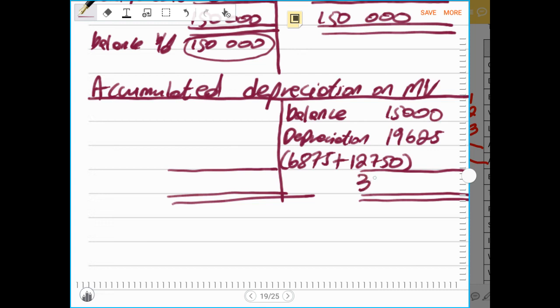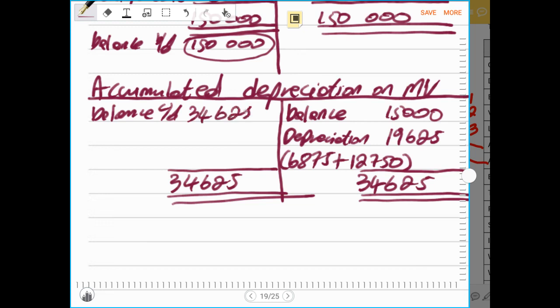That will give me 34,625 rands, and the balance carried down will still be the same, 34,625 rands, and this becomes the balance brought down.